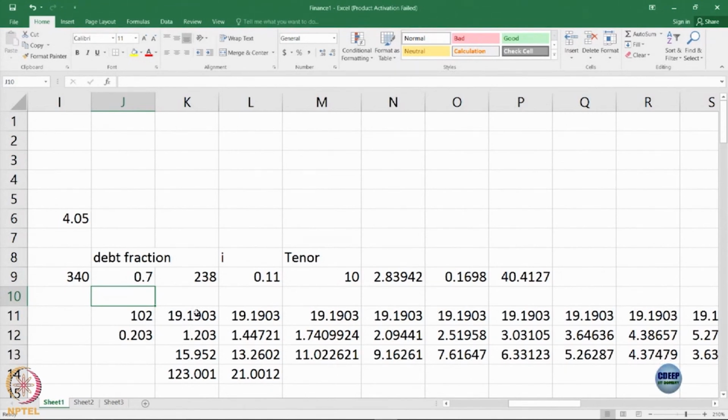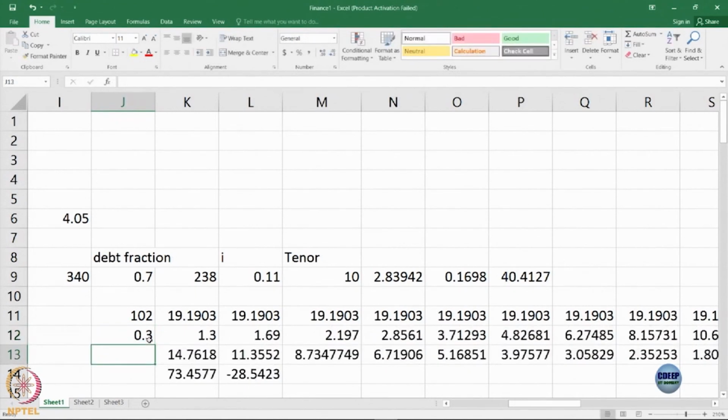But in the first 10 years, we are getting 19.19 crores instead of the earlier value that we had got of 30.7 crores. With the result that you can see now that actually the rate of return will increase. Let's try with 0.3.